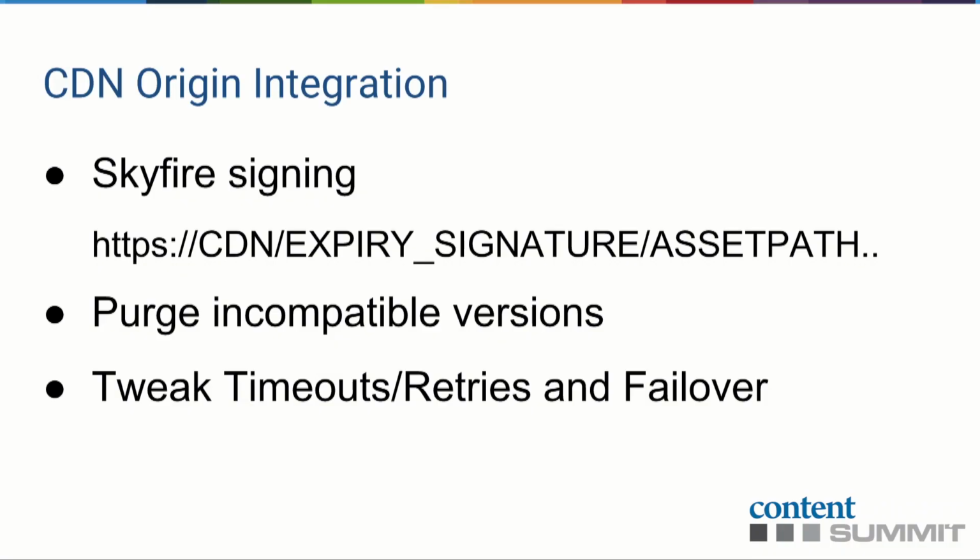We came up with an innovative signing. Probably running out of time, so I will briefly explain that. We didn't want to use cookies for authentication. We also didn't want to use ESI.